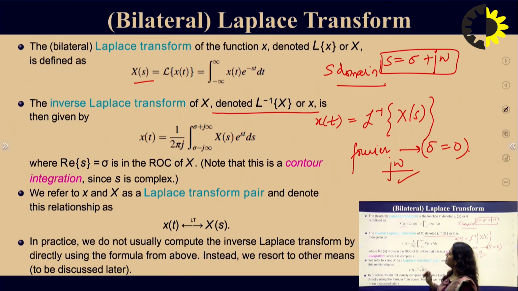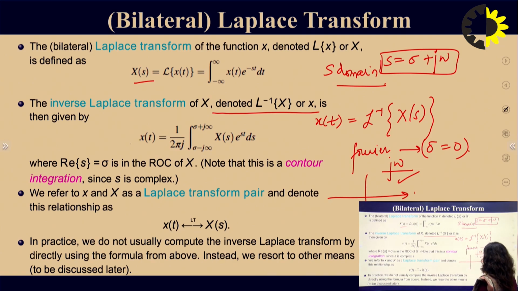The inverse Laplace transform we perform by using the partial fraction method, not by using this formula. So, we have a ROC region, which has the real of s and the imaginary of s. Real of s is sigma, imaginary of s is j omega, and we see the points which are valid on this region of convergence for which the Laplace transform exists.